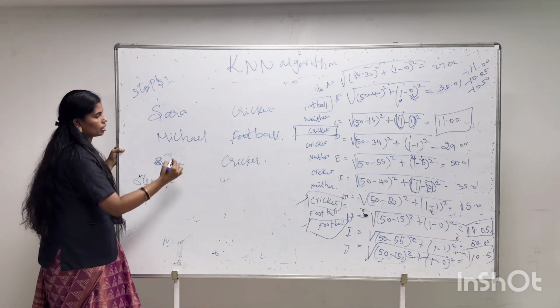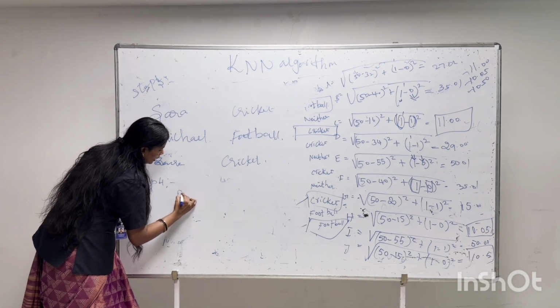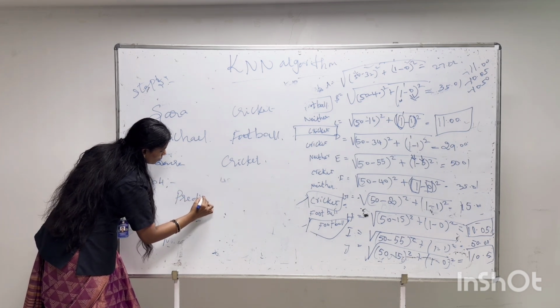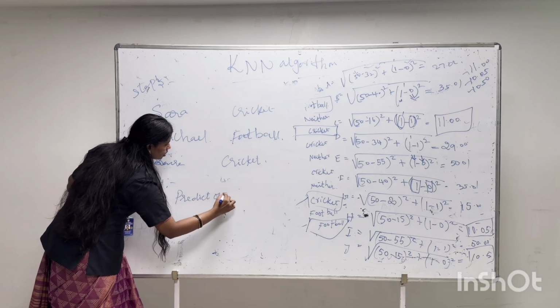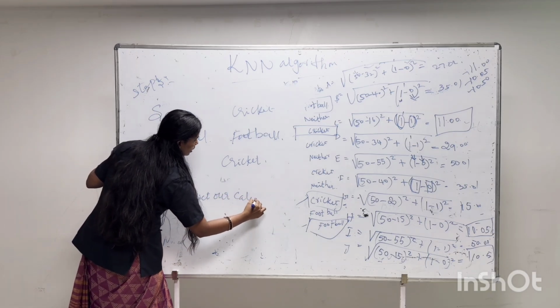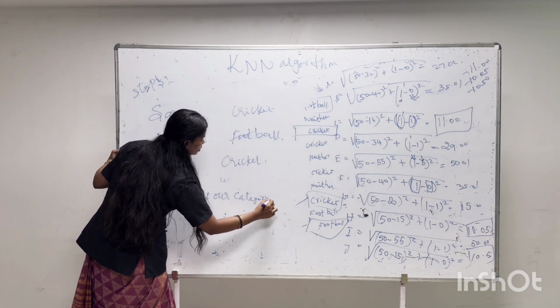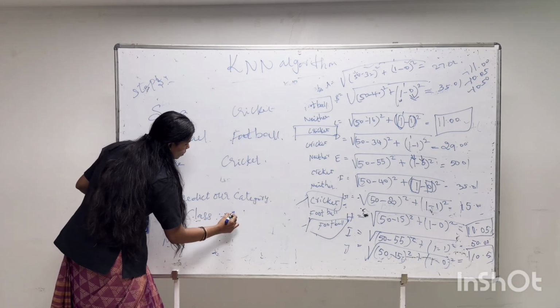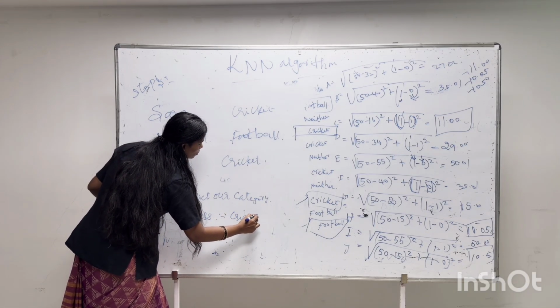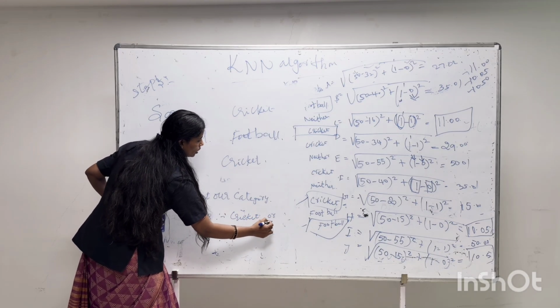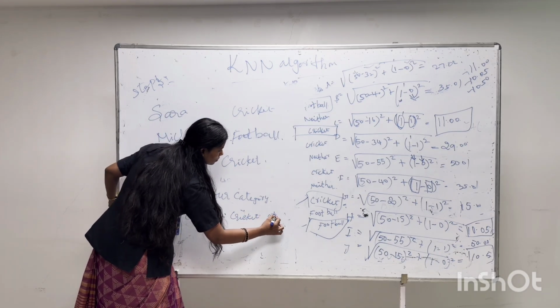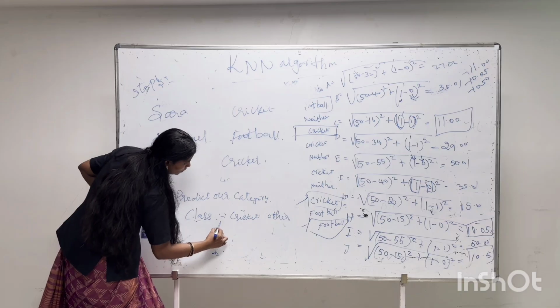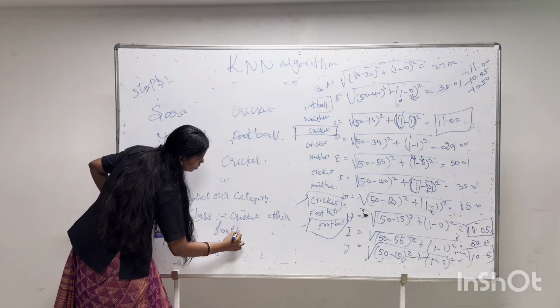Step 4 is we are going to predict our category. The classes we have selected are one is cricket, the other one is football.